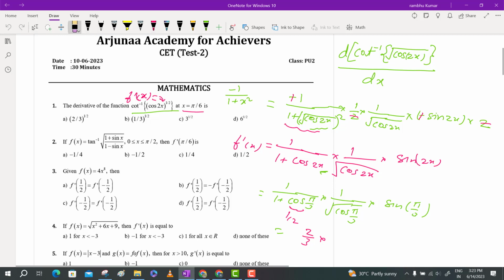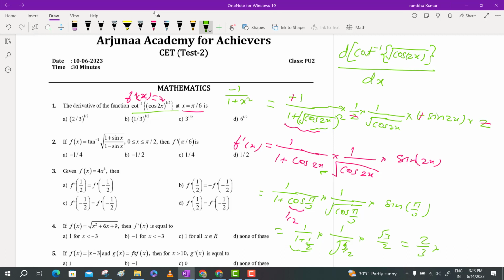Let me write it like this, otherwise this will confuse you. So this is nothing but 1 by 1 plus 1 by 2, into 1 by root under 1 by 2, and into root 3 by 2 for sine pi by 3. Now 1 by 1 plus 1 by 2 is 1 by 3 by 2, and if you take this 3 by 2 up, it becomes 2 by 3.